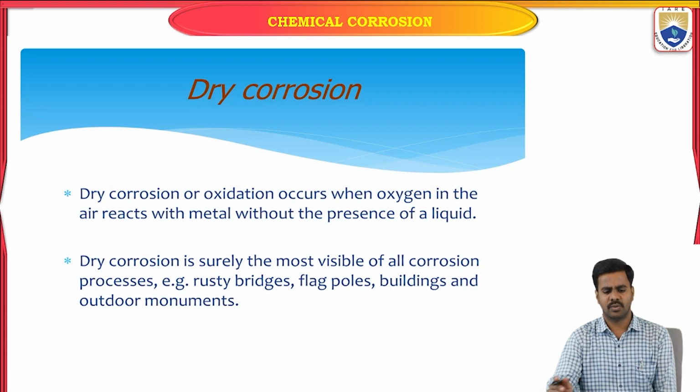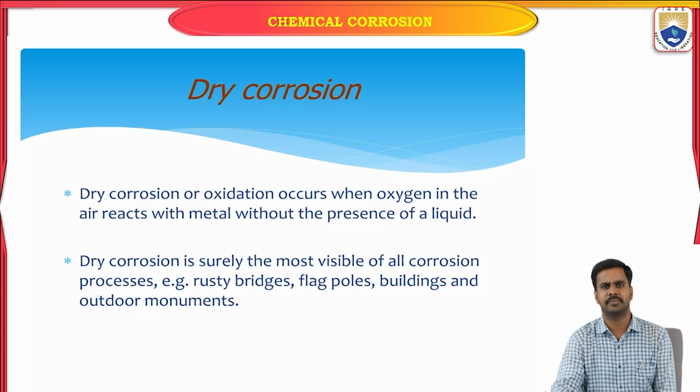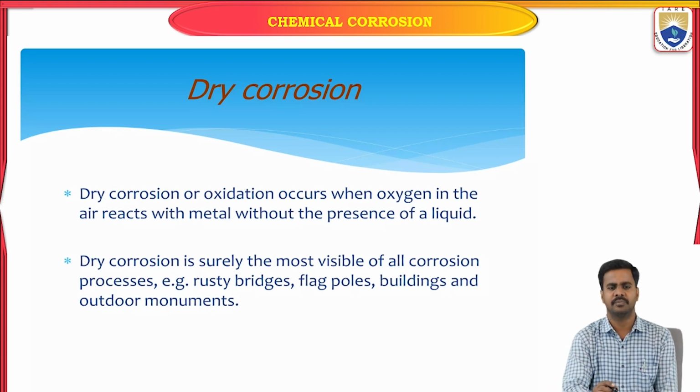Dry corrosion is also known as chemical corrosion. Why? Because in this type of corrosion process, the metal is degraded by the attack of different types of chemicals present in the environment.